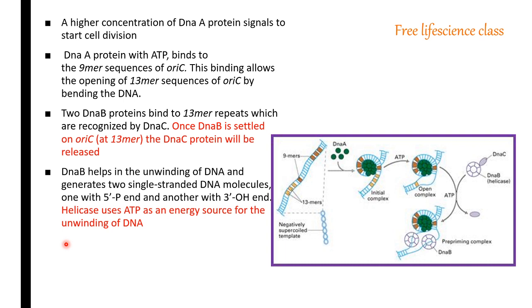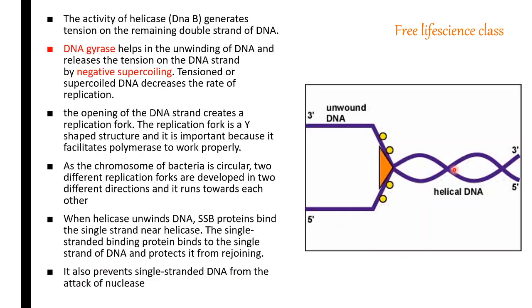The first ATP is required when DnaA is loaded into the 9-mer region. The second ATP is required when DnaB is recruited to the region, and this ATP helps in unwinding the DNA.